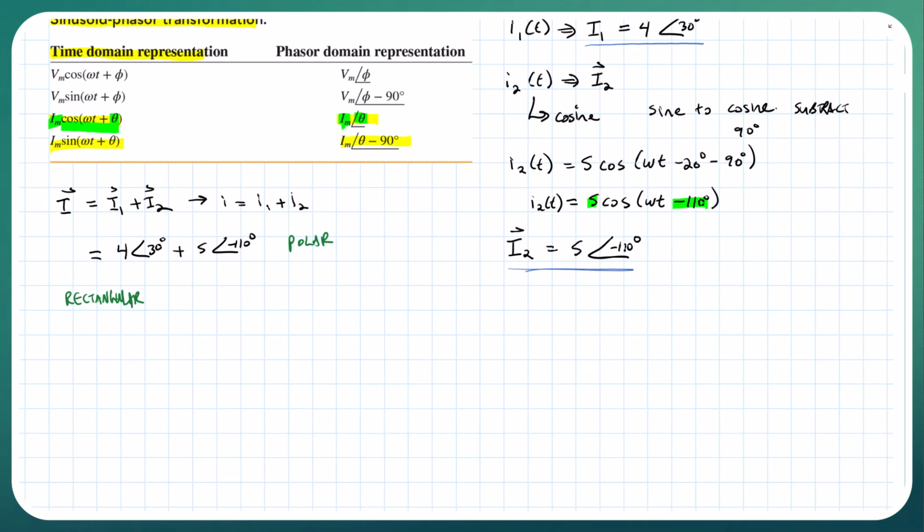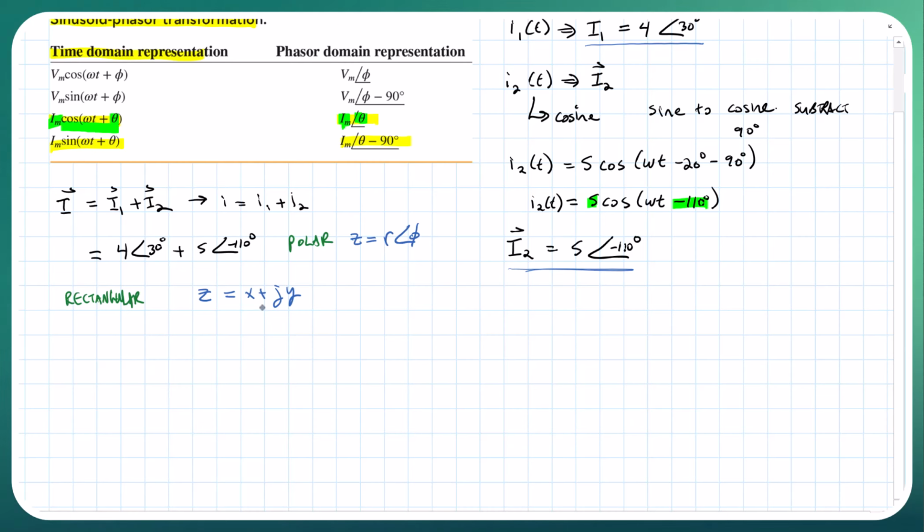Remember that in rectangular format we define z as x plus jy. That's the rectangular format. And the polar is what we have here, where we're saying z is r angle theta. In this case, r is going to be the current, so for this problem we're going to substitute the current for the z. But the question is, how do I go from r and the angle to x and y?